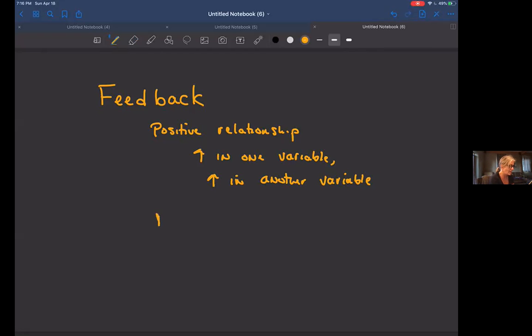We can also talk about negative relationships. This is where an increase in one variable causes a decrease in another.